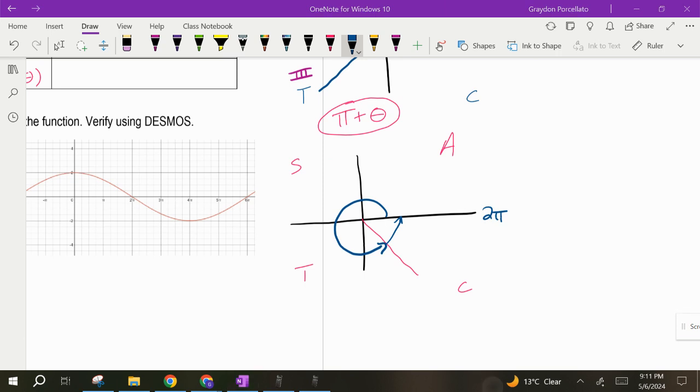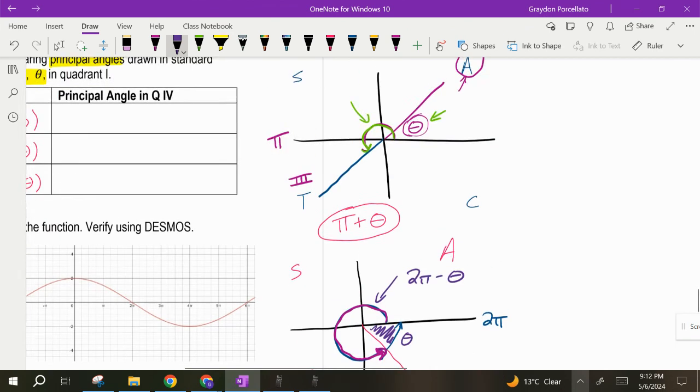Now, how do I find just this part? Well, I do 2 pi, and I take away this angle here, which is theta. So this big angle here is 2 pi minus theta. So when I want to write a principal angle in the fourth quadrant, I do 2 pi minus my related acute.